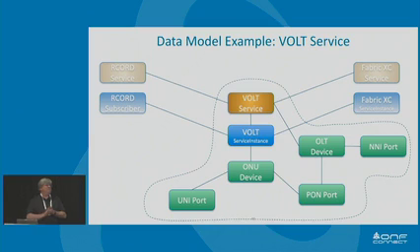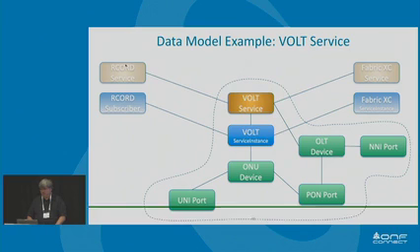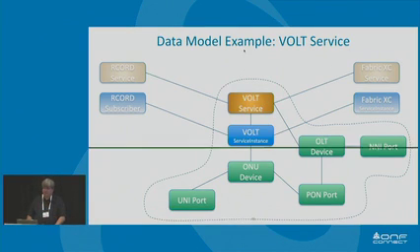Now, as an example, and we're not going to work through this in detail, but this is just an example of the kinds of models you'll find in XOS. This is the virtual OLT service. It has a sort of a chain of service models that goes across the top here.